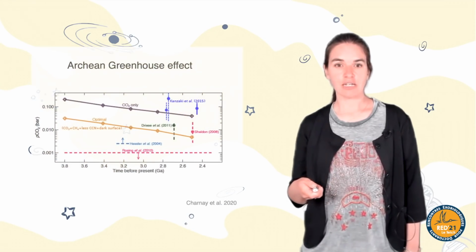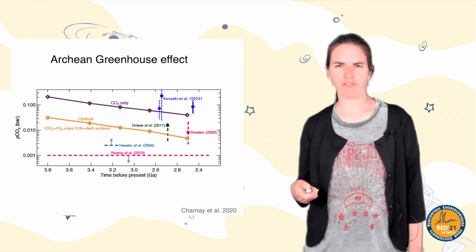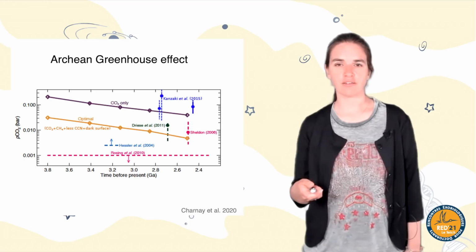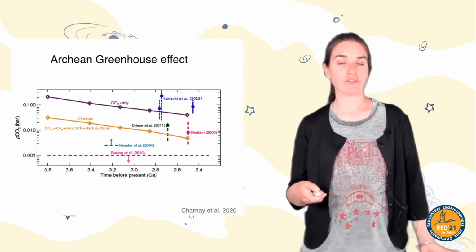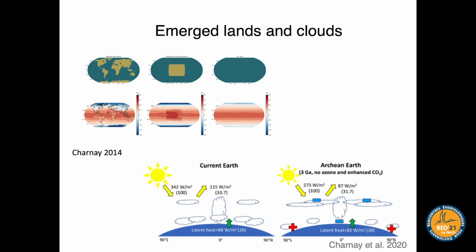And this is illustrated here: today we all know that we have a greenhouse effect that is getting stronger and stronger. But during the Archean, we had a much stronger greenhouse effect with possibly a lot more CO2 in the atmosphere and weaker solar radiation. And the Archean greenhouse effect can be modeled by different global climate systems.